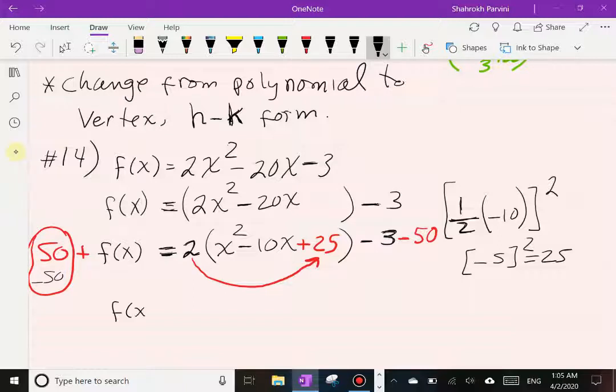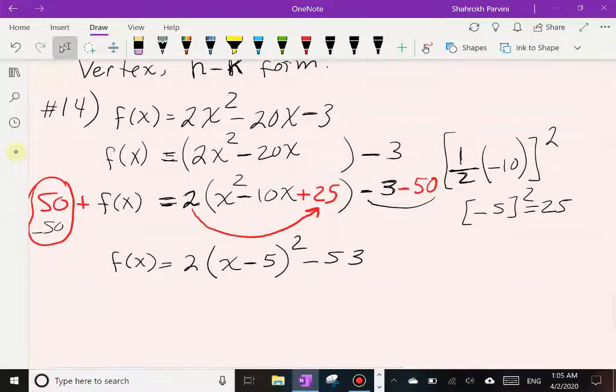Therefore, f of x is going to equal 2 times, now because of the way the 25 was added, half of negative 10 squared, we know that's a perfect square trinomial. So I'm going to write the binomial form of that, which is x minus half of 10, which is 5. x minus 5 squared, minus 53. That's negative 50 minus 3, which combines to negative 53.